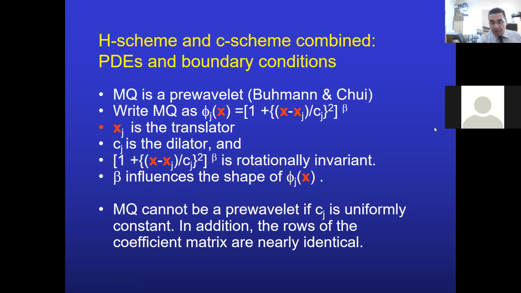Some people like to use the assumption that this pre-wavelet shape parameter is uniformly constant. I never have done that. If you have the rows of the matrix to be as distinct as possible, you have better conditioning.